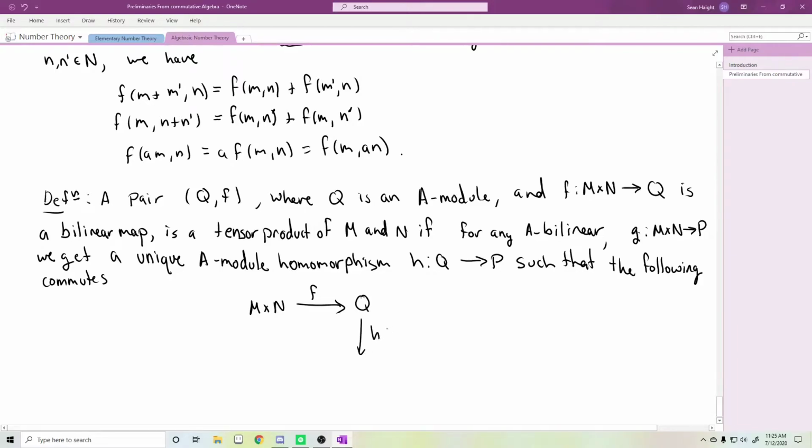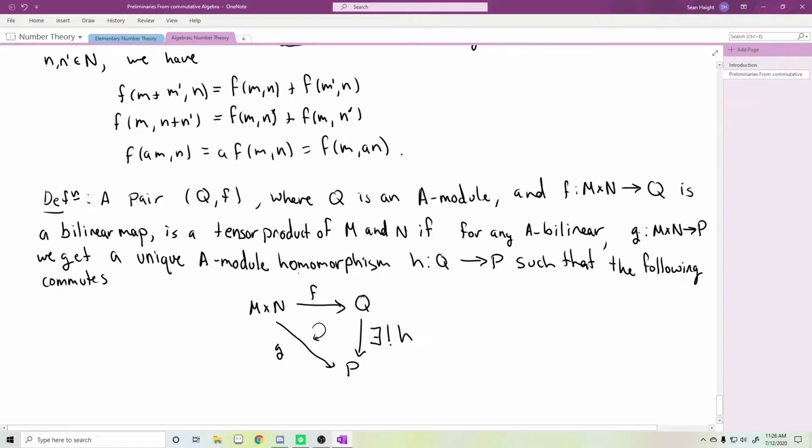This map H is the map that I'm guaranteed to exist, so there exists a unique H and this map G. Okay, so if I start with a bilinear map G from M cross N to P, then I can fill this triangle, and basically I can build a third side to this triangle using the universal property of these tensor products. Okay, so such a pair is a tensor product if it has this universal property.